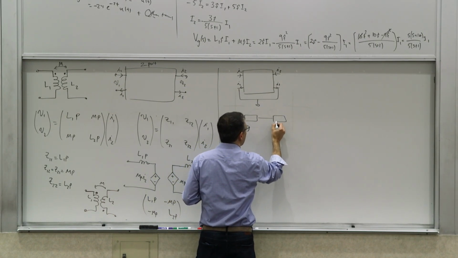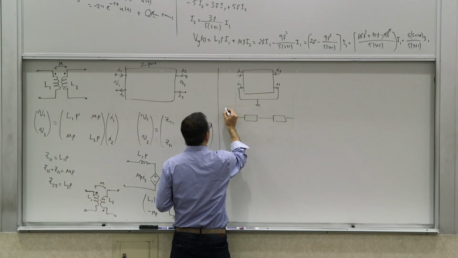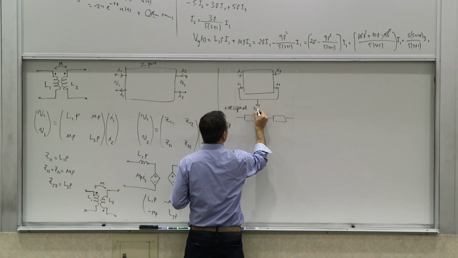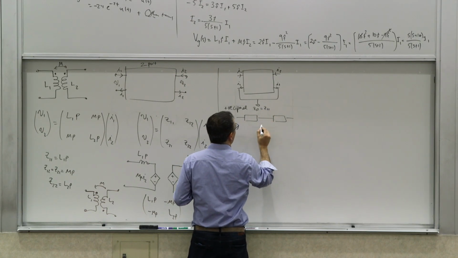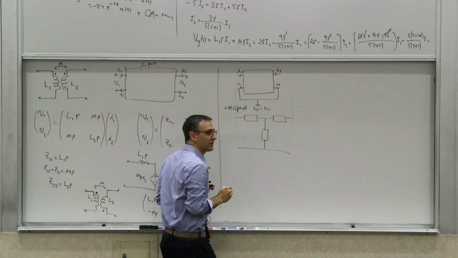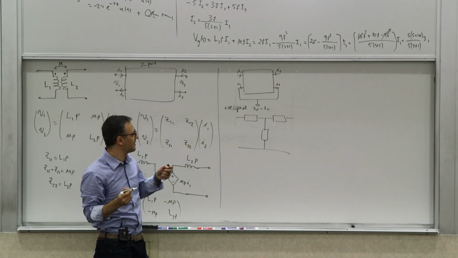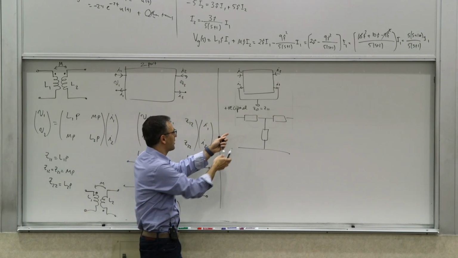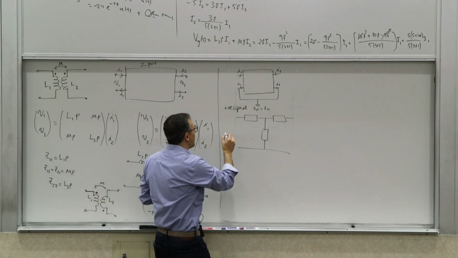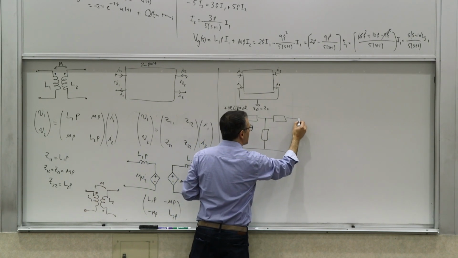If it was also reciprocal, meaning Z12 equals Z21, then you could represent this as what we call a T or a Y representation. If you draw it this way, it becomes a Y. It's the same thing. And what were the values of these three?